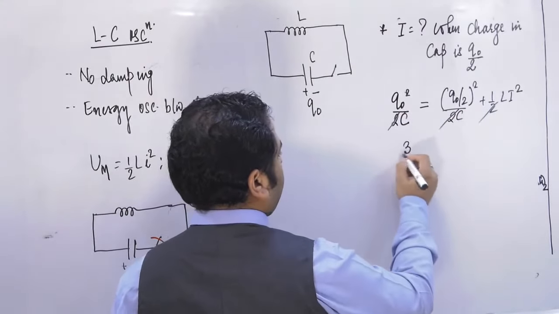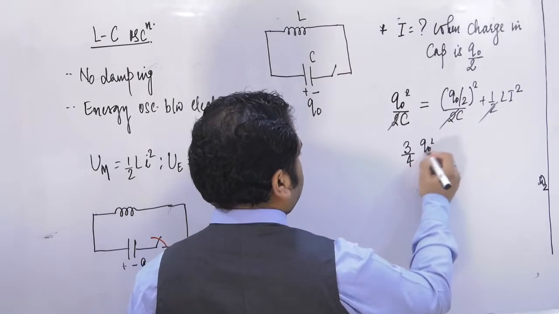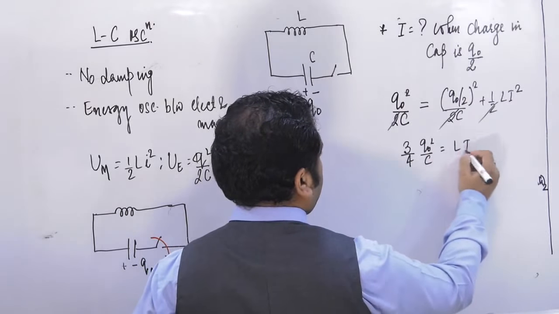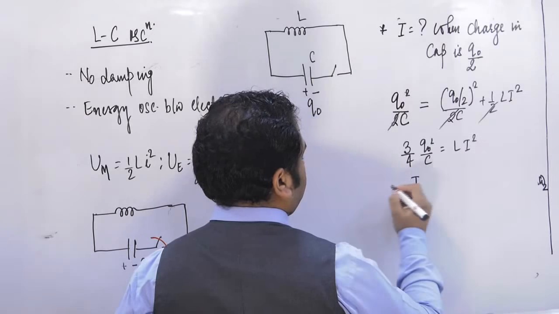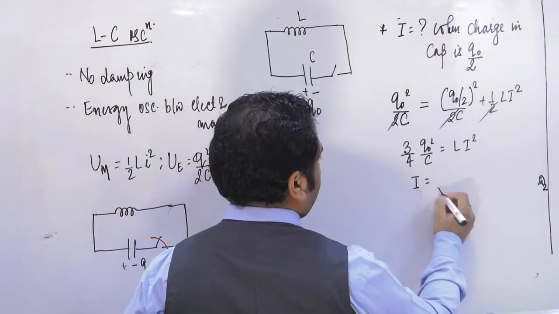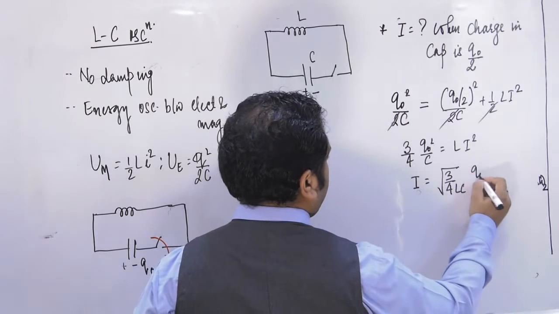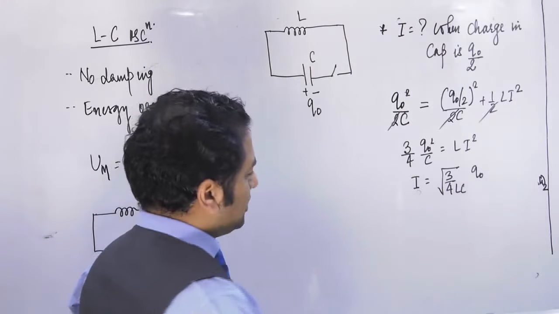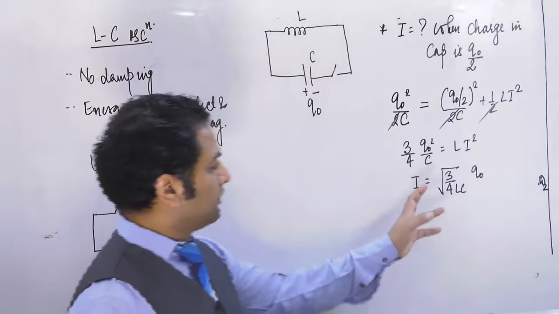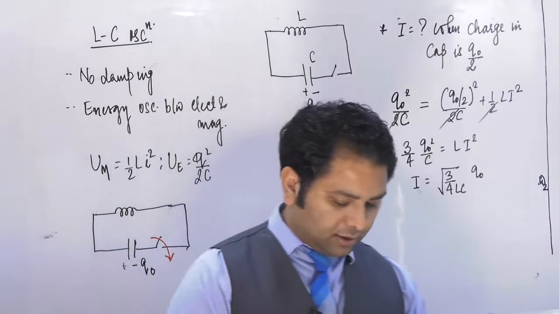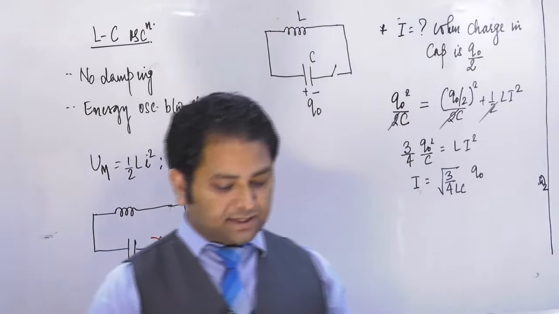So this will be 3 by 4 Q0 square by C equals L i square. So i is going to be root of 3 by 4LC multiplied by Q0. You can even write it as root 3 by 2. That is the option which is open. So that's how you find it.